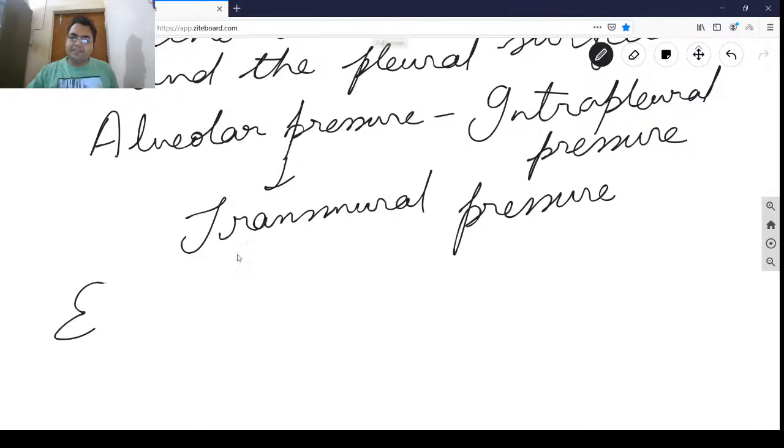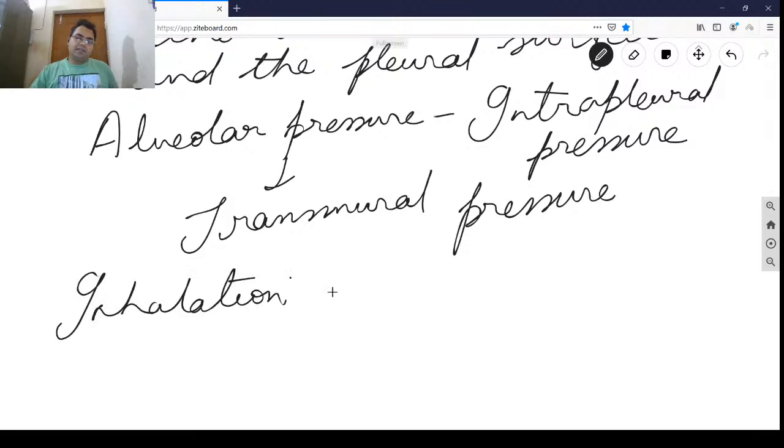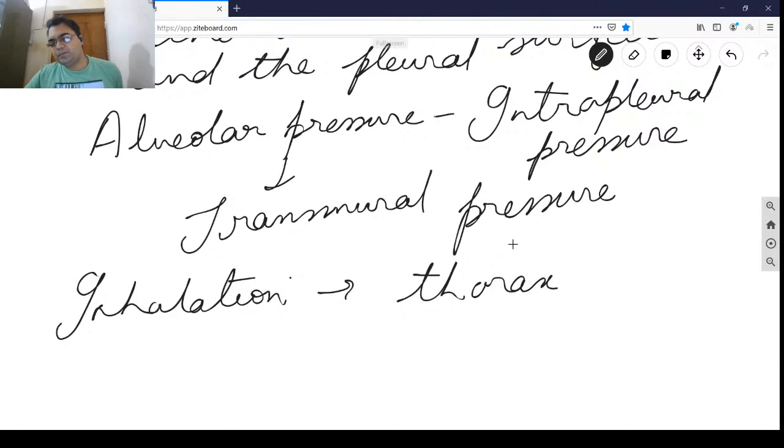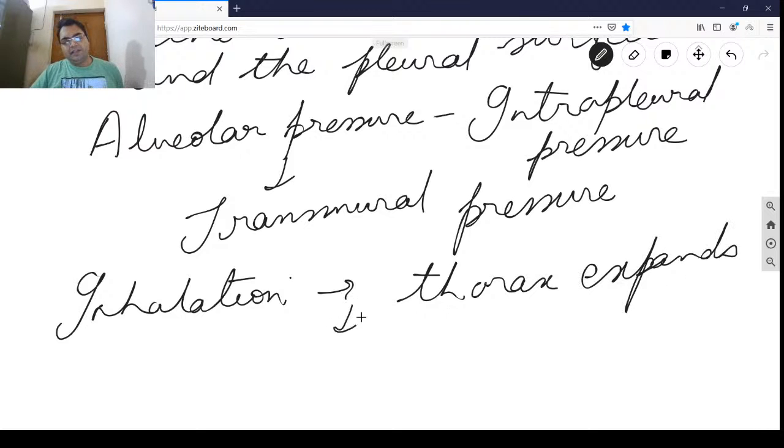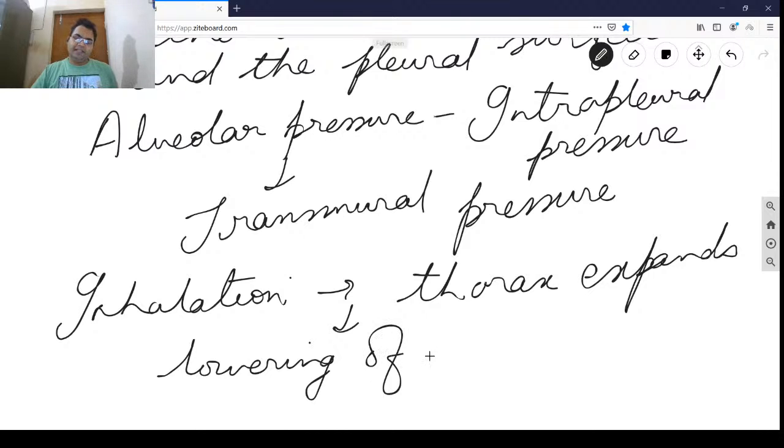During inhalation, the thoracic cavity or the thorax just expands, leading to lowering of the intrapleural pressure.